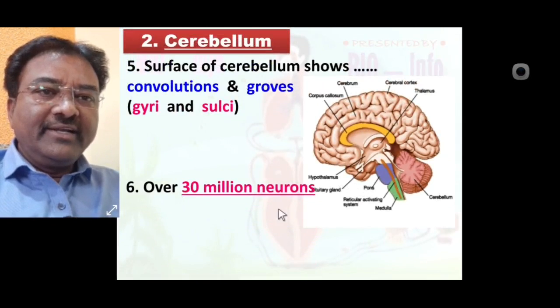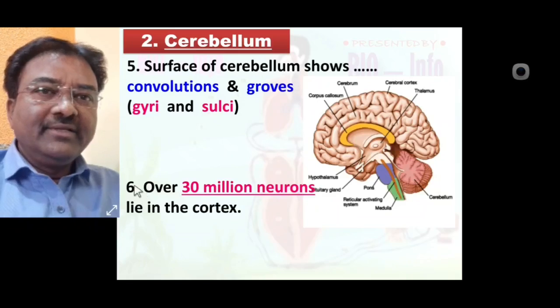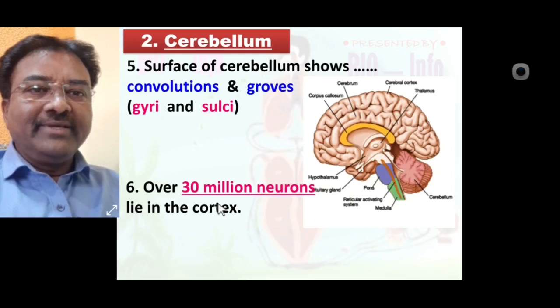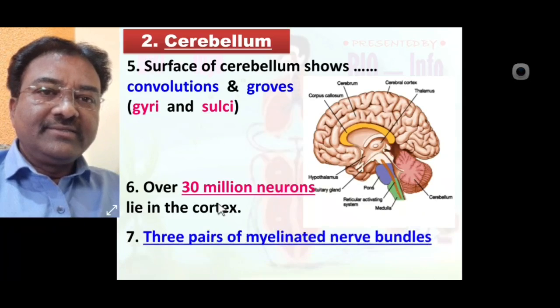Over 30 million neurons lie in cortex of the cerebellar hemisphere. Always remember how many neurons are present in cortex region of the hemisphere: 30 million neurons.